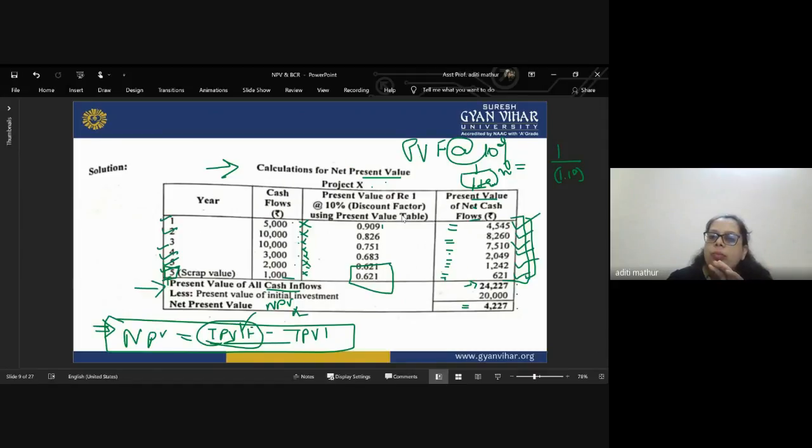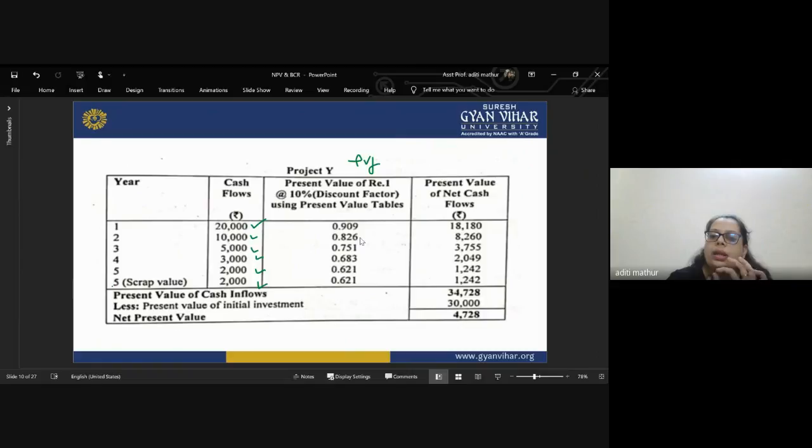So the same 0.909, 0.826, 0.751, 0.683, 0.621, 0.621, right? So you will again multiply and get the values. You will multiply your Y inflows and your factors PVF at the rate of 10% and get the present value of net cash inflows.